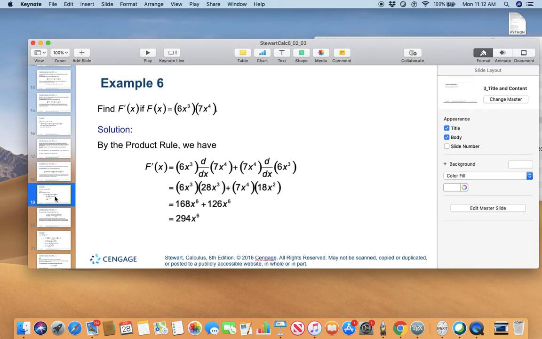All right. For example, if f(x) is 6x to the third times 7x to the fourth. So this is a product of two functions. Take the derivative of each piece. So what are they doing? First, they are keeping the first one outside, taking the derivative of the second.